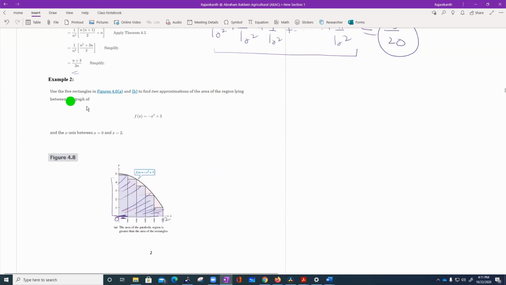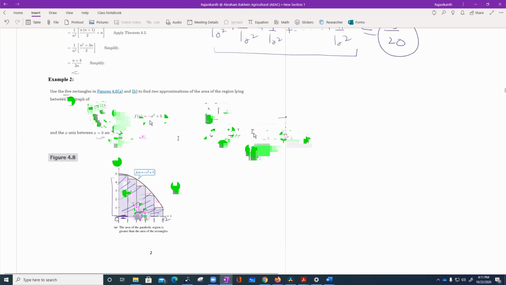So if you want the area of 5 rectangles, you have to divide the given interval into 5 subintervals, okay? Remember, you are asked to find the area between 0 and 2, so your x value starts at 0 and goes all the way up to 2, right? Now you need to divide this entire interval into 5 subintervals.